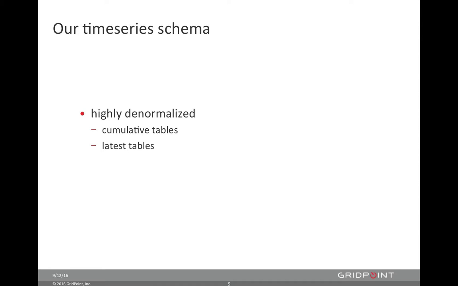And on top of that, we break up the latest tables by time bucket. So, to oversimplify, where there's one cumulative table with 10 time-bucketed partitions, there are 10 completely different latest tables. And then on top of that, the time series data we're measuring is for intervals like 1 minute or 15 minutes, where the data is already aggregated over that time window, and we're not sure yet whether having separate tables for different intervals or having a single table for all interval lengths better supports our call patterns.